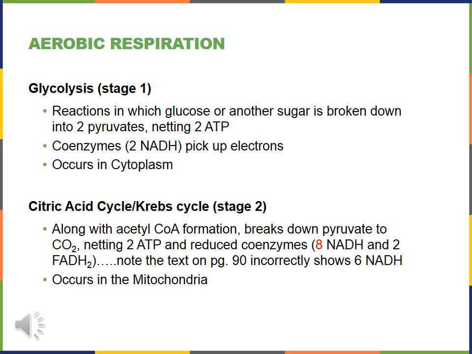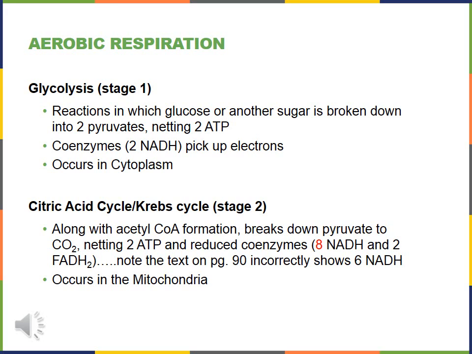So glycolysis occurs in the cytoplasm, and it starts with glucose. It ends up with 2 pyruvate, and then the pyruvate along with the electrons are going to cross into the mitochondria and start the citric acid cycle, which will take the pyruvate and utilize an electron transport chain to get the acetyl-CoA formation, and you're going to be giving off CO2.